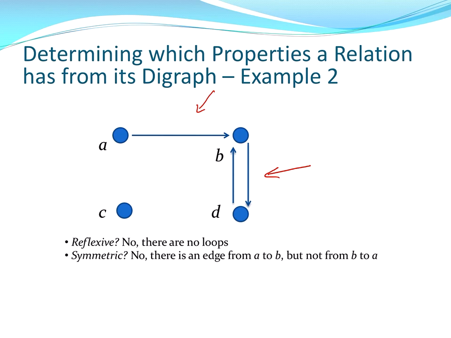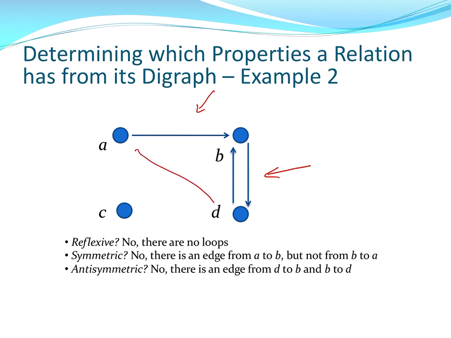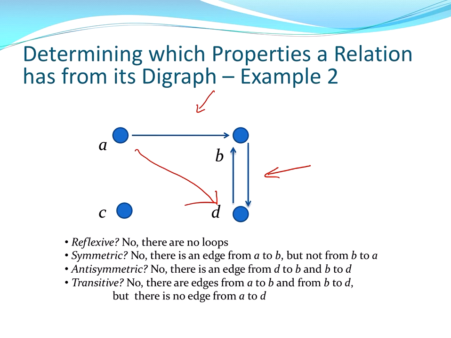Also, because we do have arrows going back and forth between B and D, it is not antisymmetric. Is it transitive? Well, if it were transitive, I have AB and BD, so I would expect an arrow A to D. It's not there, so we say it is not transitive.